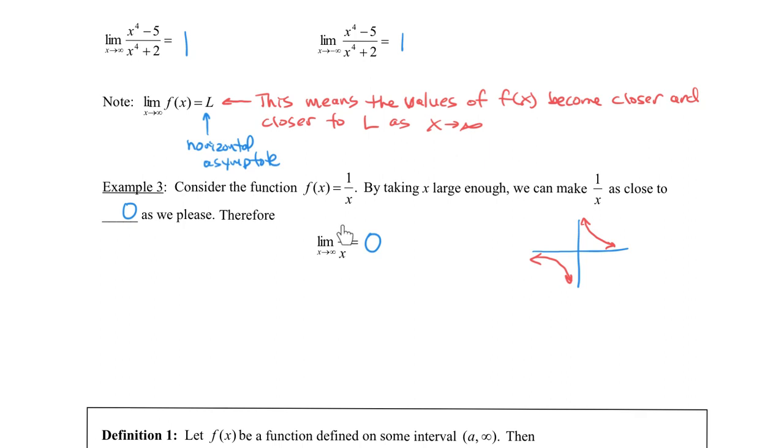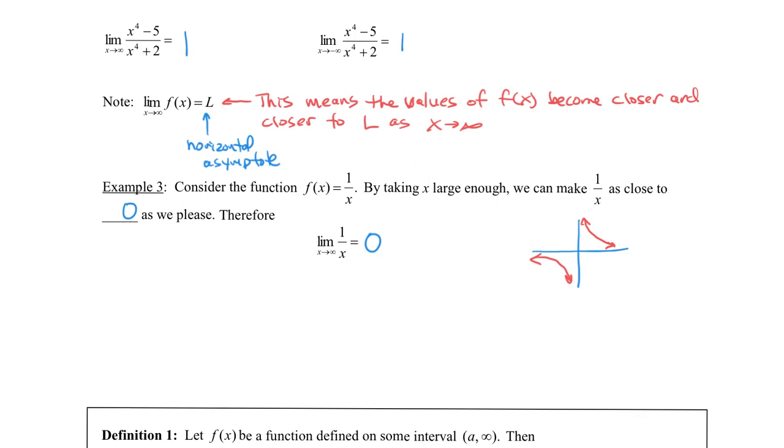And you can basically make this thing as close to 0 as you want by making x big enough. So someone said, can you make 1 over x to be within 1 trillionth of 0? You could, right? Just by making x big enough. So what we're expressing here is that the limit of this expression 1 over x as x approaches infinity is equal to 0.